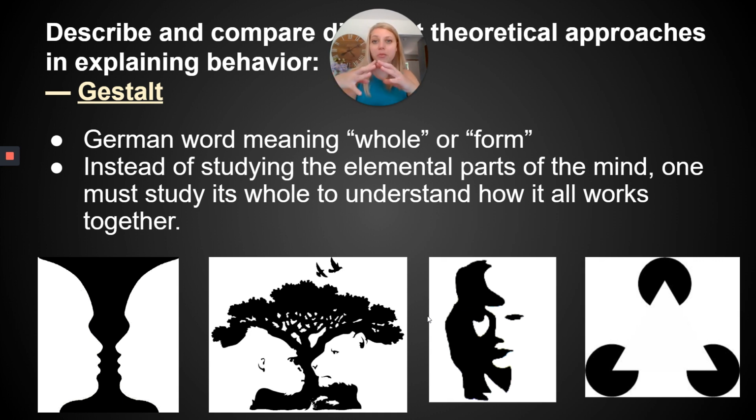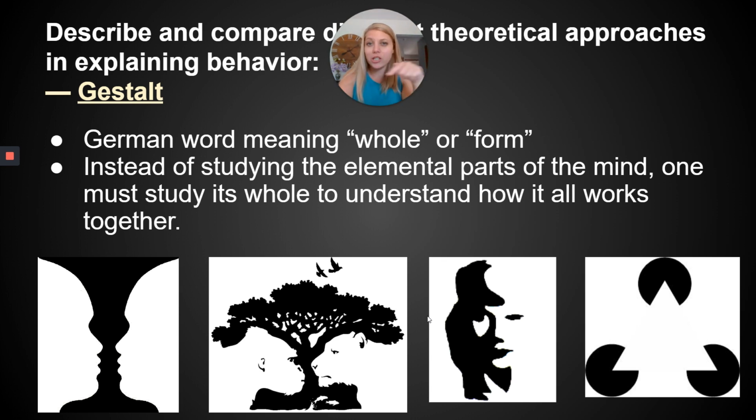Studying the brain as a whole and how it works as a whole is a part of Gestalt. One of the ways that we really see that is in our unit of sensation and perception, and more specifically, looking at visual illusions or optical illusions, things that can appear in different ways.